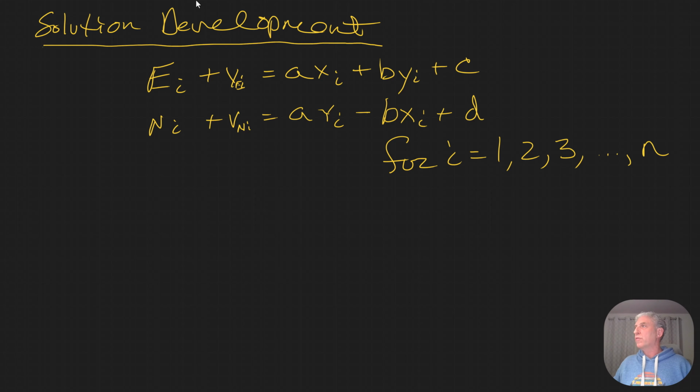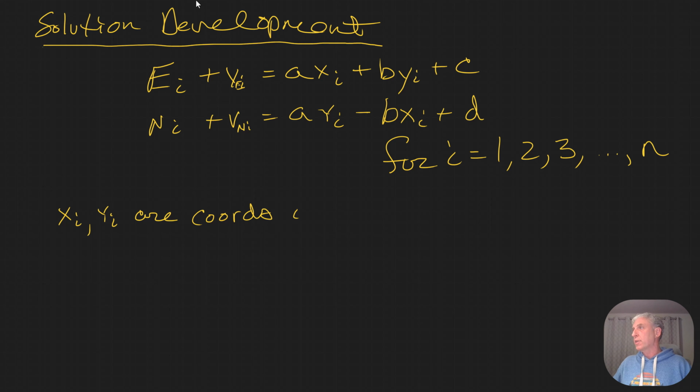So some observations would be that X sub I and Y sub I are, in our case, coordinates. I'm going to shorten that to chords. So if you see chords, that means coordinates.